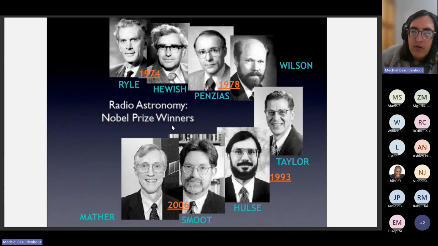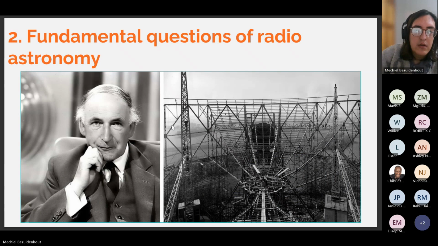In 93, Hulse and Taylor won for using observations of a binary pulsar to test general theory of relativity. And then in 2006, the most recent one was Smoot and Mather, for some studies of the cosmic microwave background. Right. So that's my very quick crash course on the history of radio astronomy.